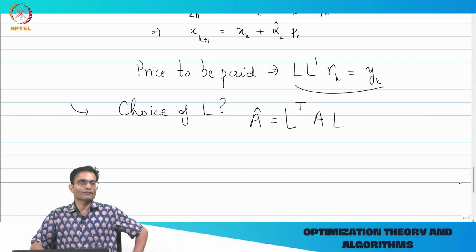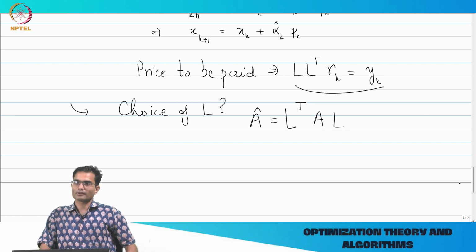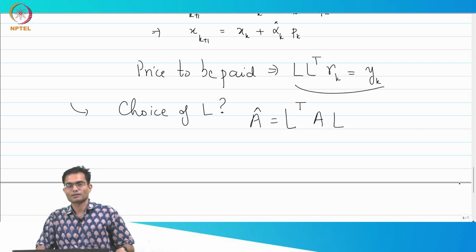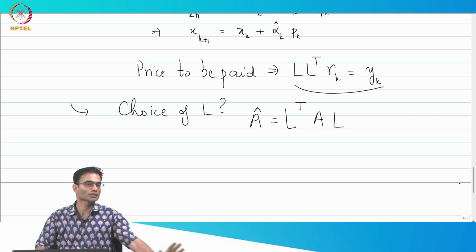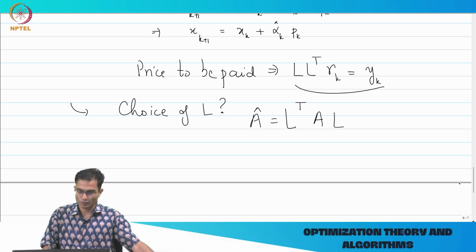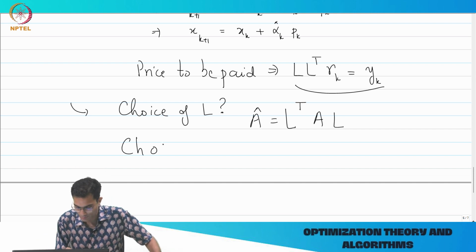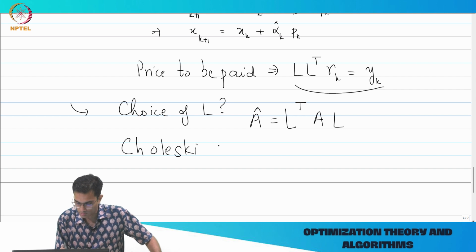So now again we are going to pull one rabbit out of the hat. There is a very nice theorem from linear algebra which gives what is called a Cholesky decomposition of a matrix A. You may or may not have heard of it. So let me write it down. You can look it up.